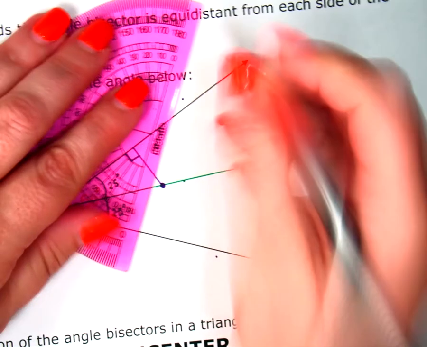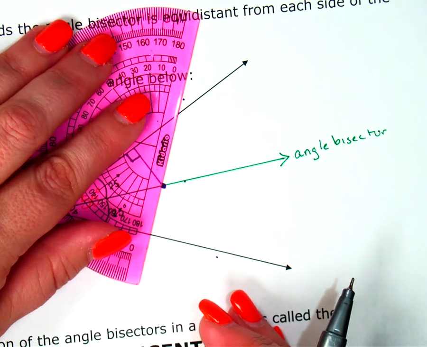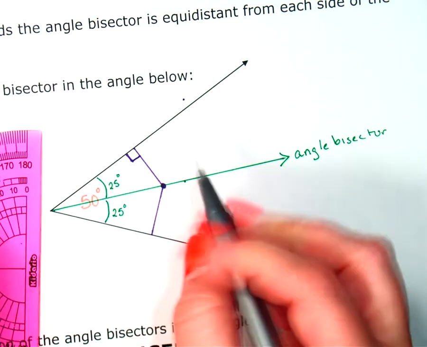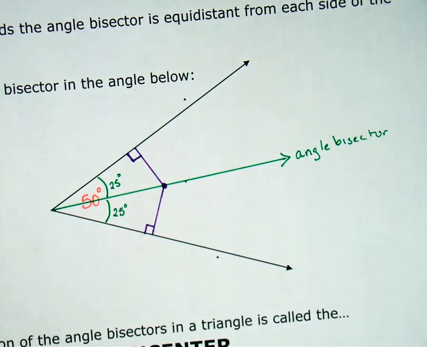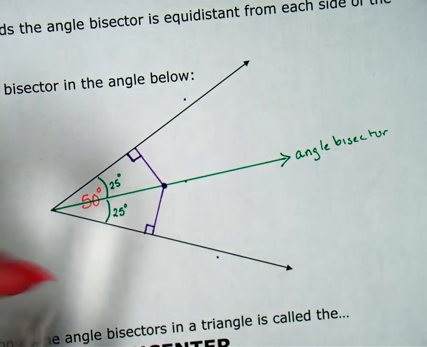So that way I can line up these two and make my 90-degree angle. So those two segments are equidistant. This point is equidistant to the two lines.